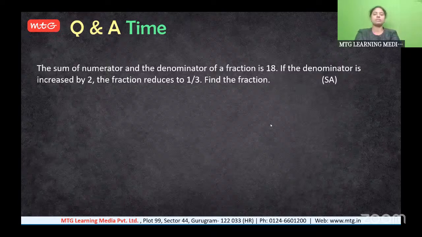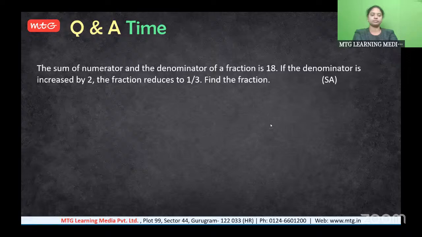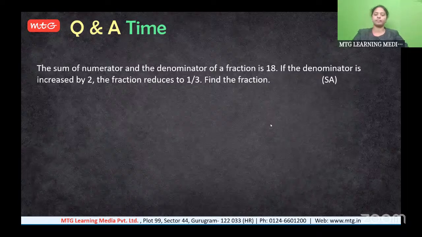Let's see who else is going to send me the answer faster. Very good, Pushti. Why is this question a bit difficult? Only two answers in my chat box. Let's see how to solve this.